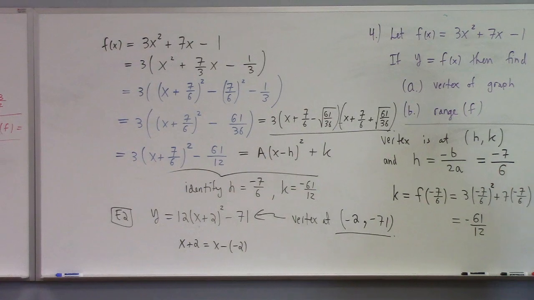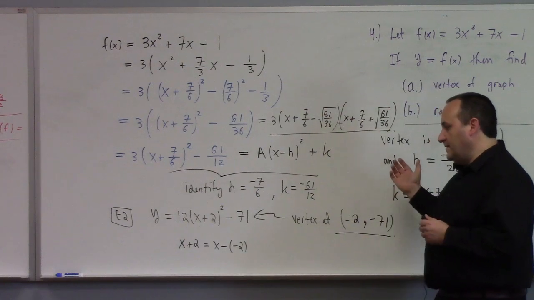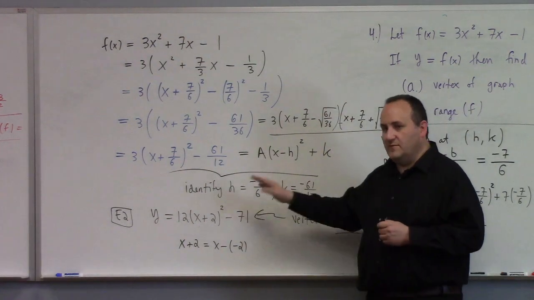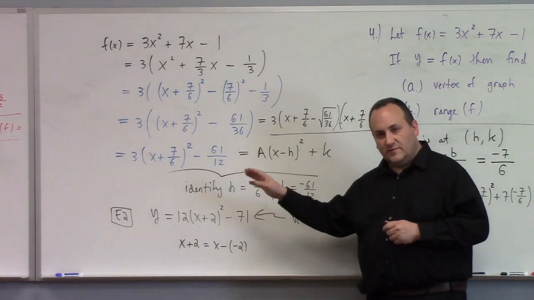I think it's generally safe to say the vertex is the opposite of h and then k. Well, it depends on what you mean by it. Where is the vertex? It's wherever you can make the value for the parabola, the formula, either the smallest or the largest.